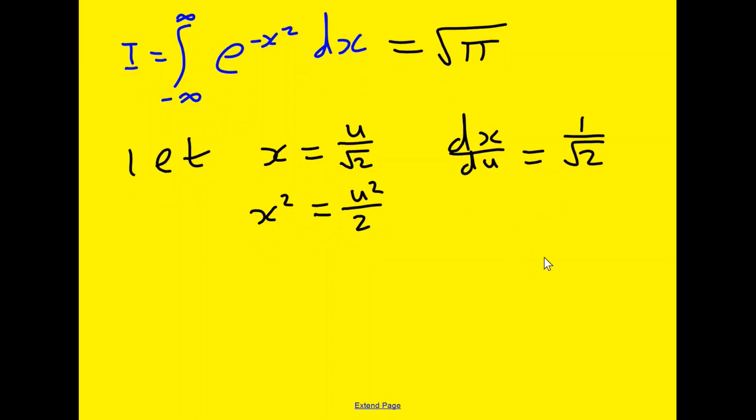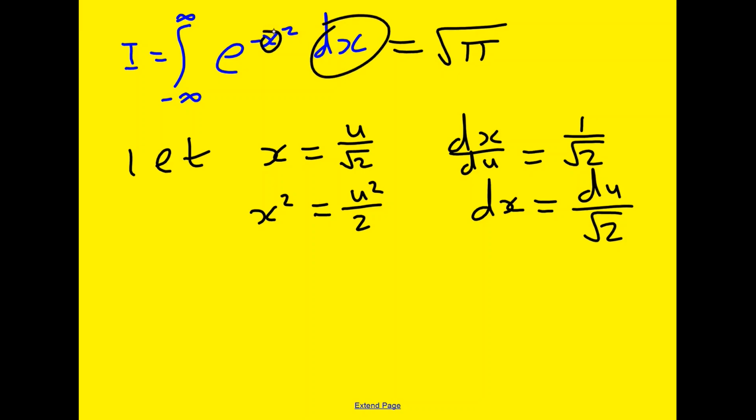I'm not sure how you would have been taught doing a substitution, but I'm going to do the cheeky way here and just write dx equals du over root 2, and then essentially I replace this dx and I replace this x, and I also see that the limits won't change, because as x goes to infinity, u will also be going to infinity.